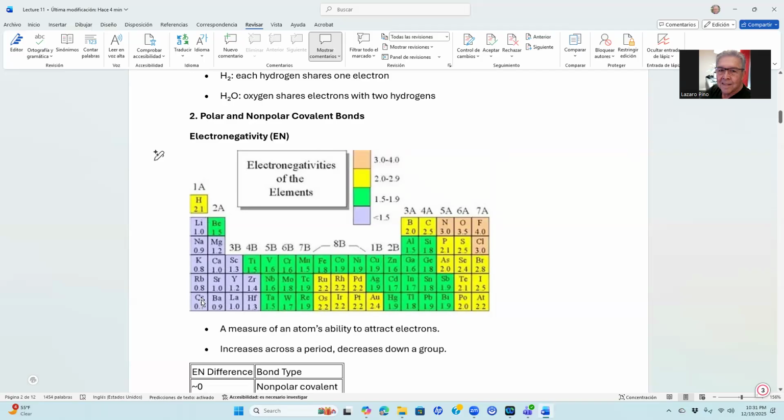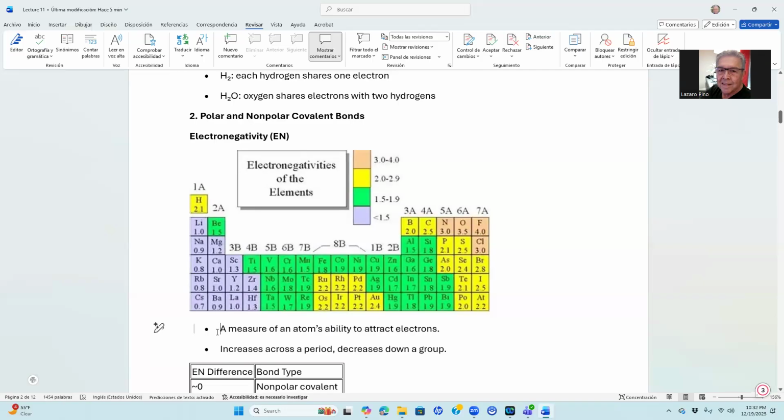While the ones in violet are the metals and are the least electronegative. Francium, which is supposed to be down here, is the least electronegative metal in the whole periodic table. As you can see, here is the least electronegative, and here is the most electronegative.